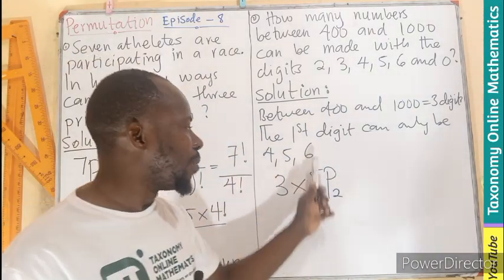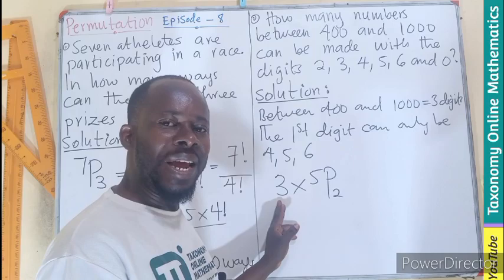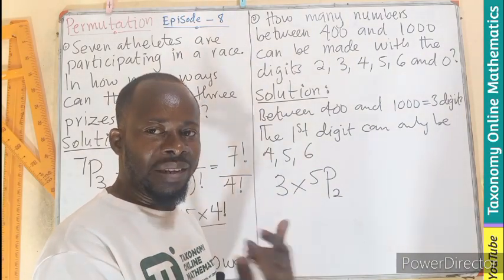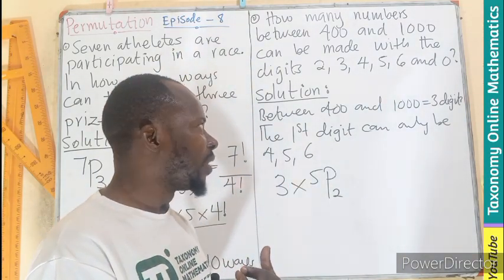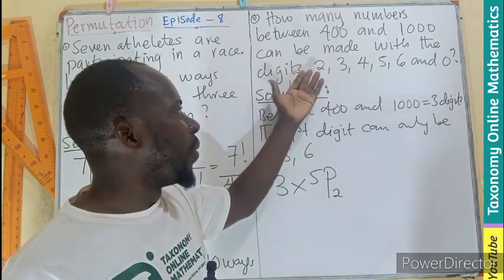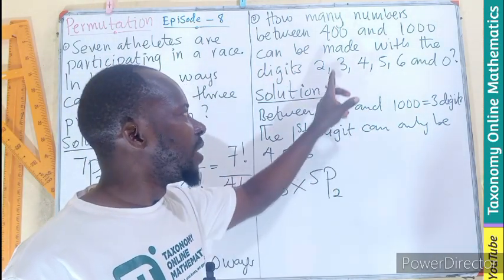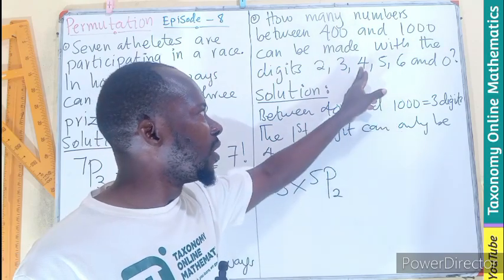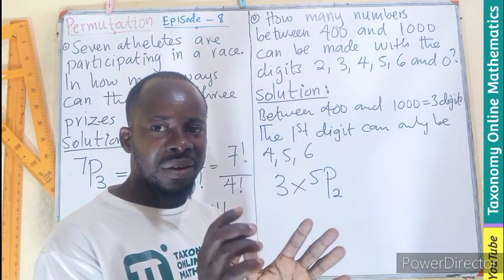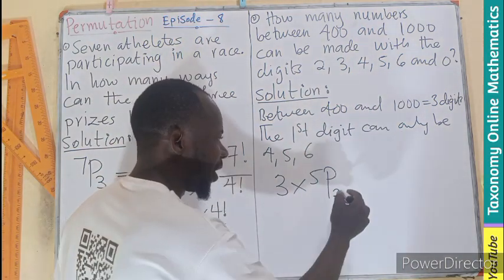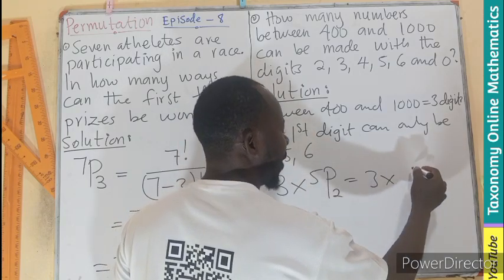That is 5 permutation 2. This 3 has a restriction on the numbers, which simply means in how many ways can we arrange this to get 3-digit numbers whereby the first digit has a restriction. Alright, so this will be giving us 3 times.